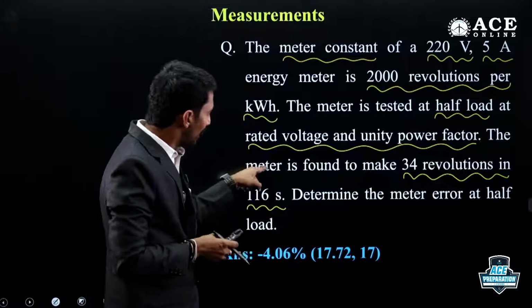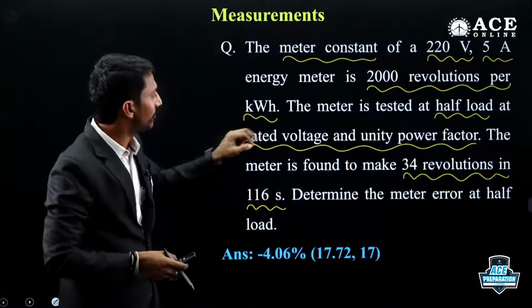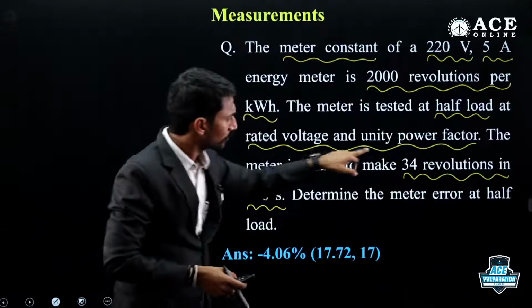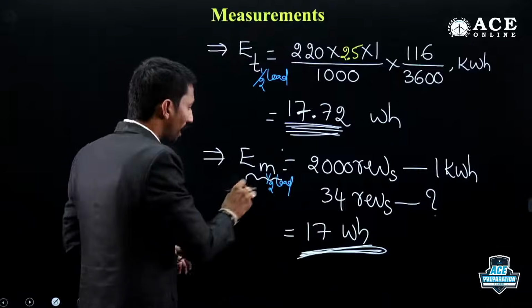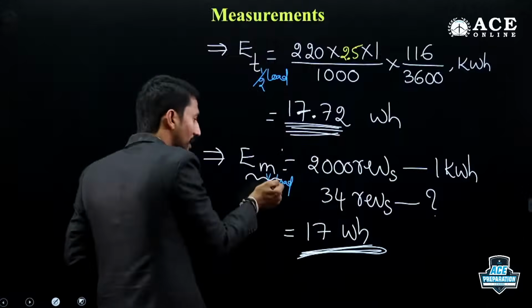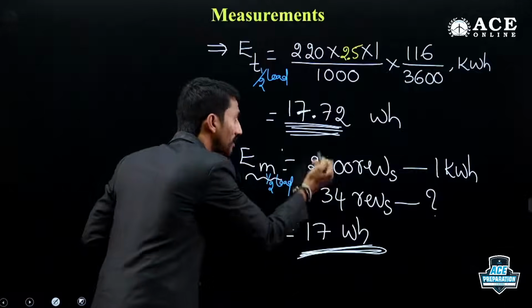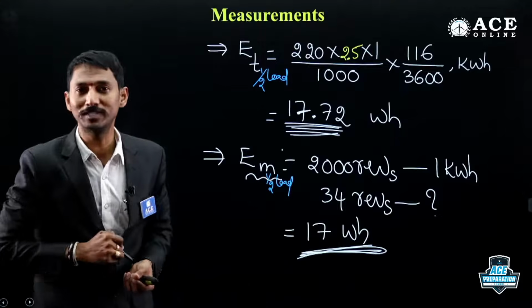Here, the 34 revolutions we are taking, that is at which load? Half a load only. At this load they tested 34 revolutions, so whatever result we are having here is at half a load only. That's why no modification. But in place of 5 full load, half load 2.5 must be taken.